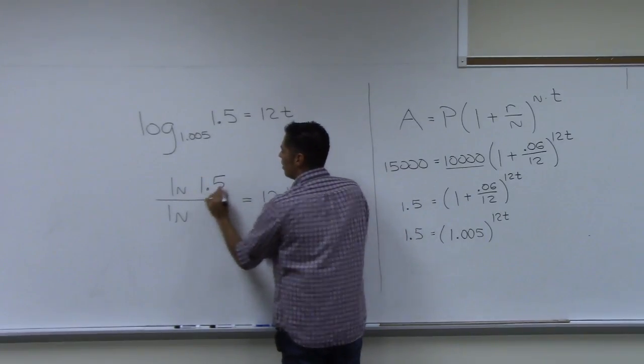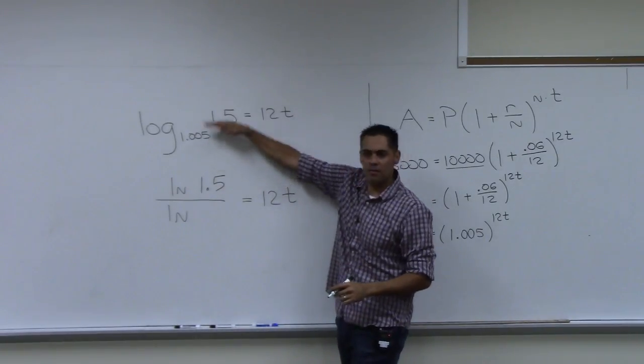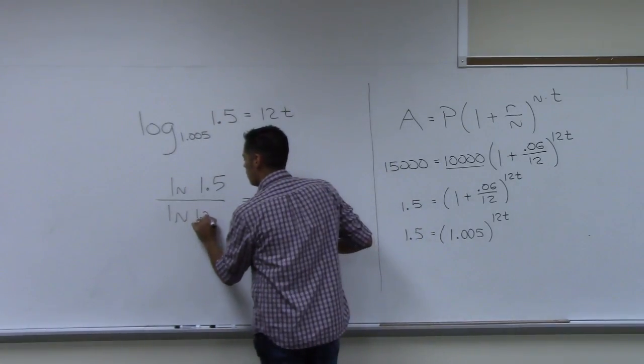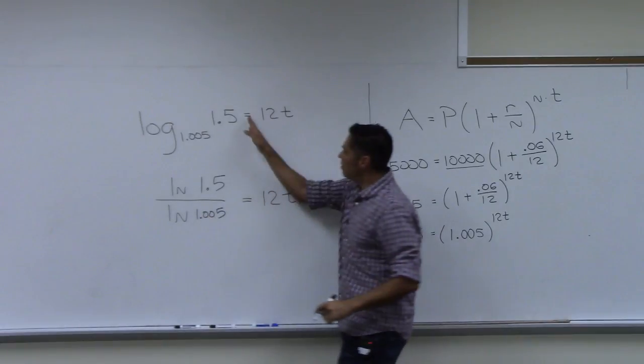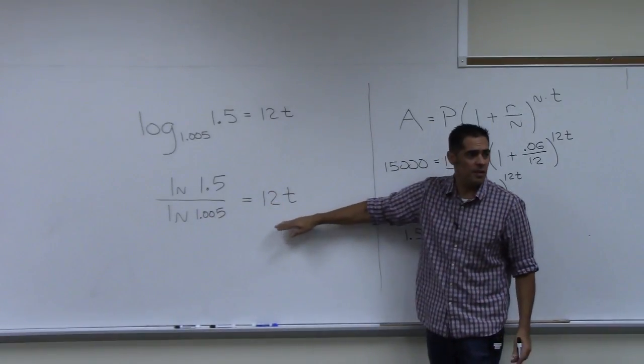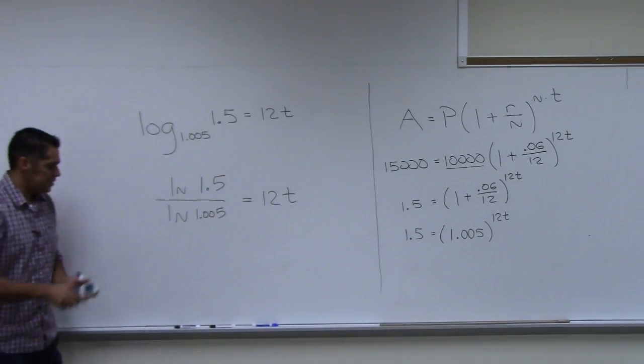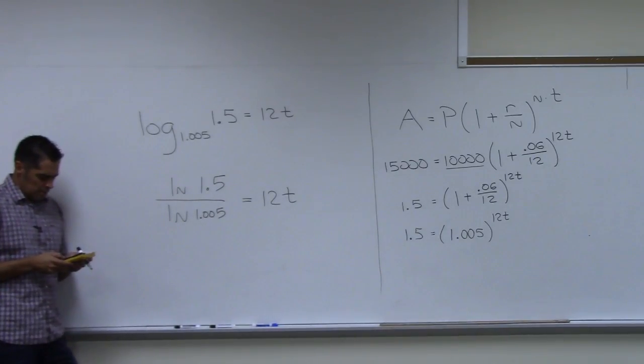You can kind of remember it because this 1.5 is like above that one. So this one goes on top, that one goes on bottom. 1.005. And then that must equal 12t. So still put 12t on this side. And then get your calculator out and do the left-hand side. So natural log of 1.5 divided by natural log of 1.005.